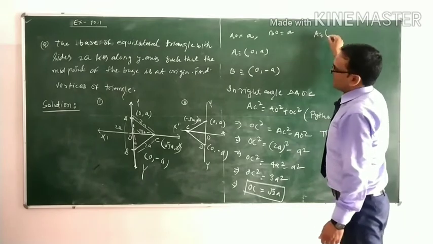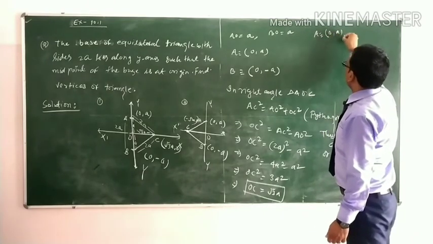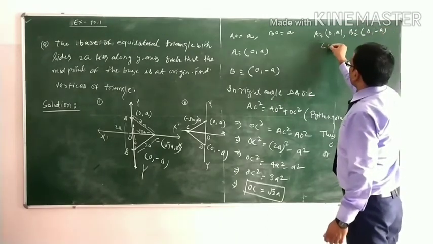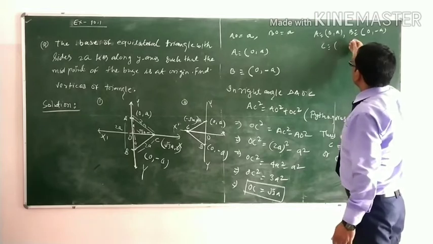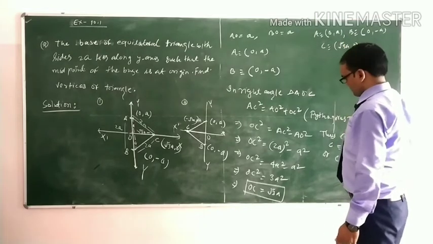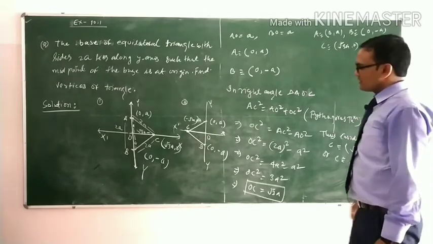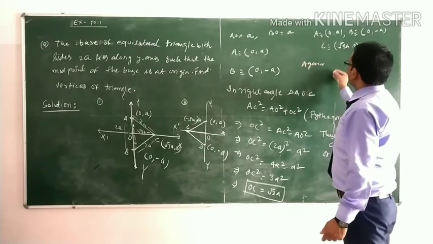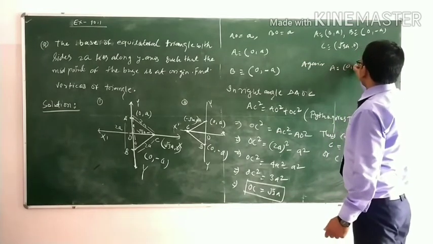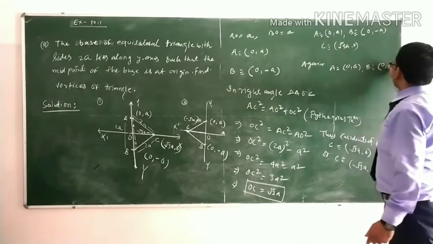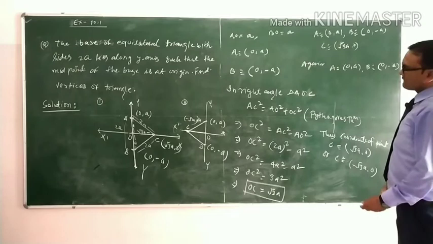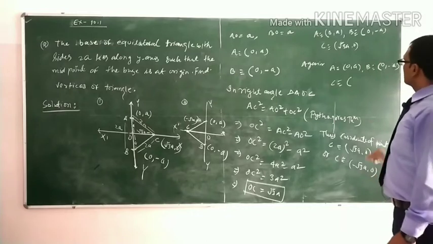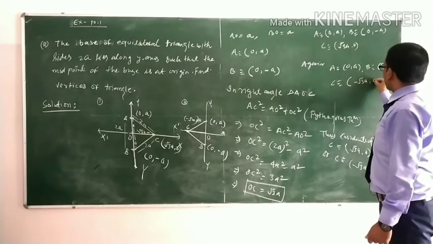Coordinate of A equal to 0 comma A, coordinate of B 0 comma minus A, coordinate of C square root 3A comma 0. And again the coordinate of A equal to 0 comma A and coordinate of B equal to 0 comma minus A, and coordinate of C equal to minus square root 3A comma 0.